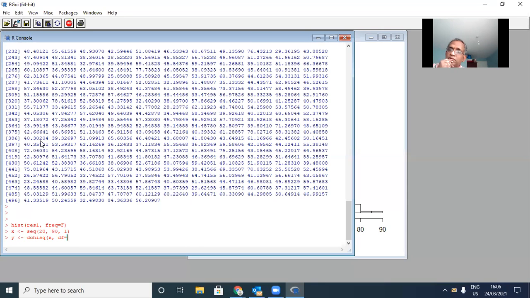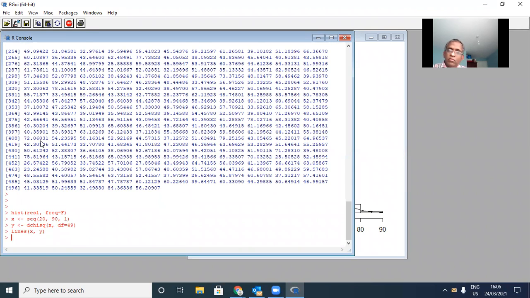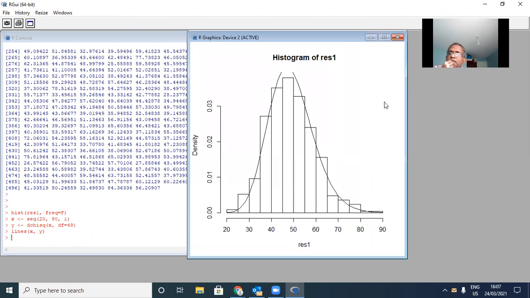Here n is 50, so n-1 is 49. And finally, I will say lines x comma y. And this is what you will see. Let me see. Where's the arrow? I can't see.